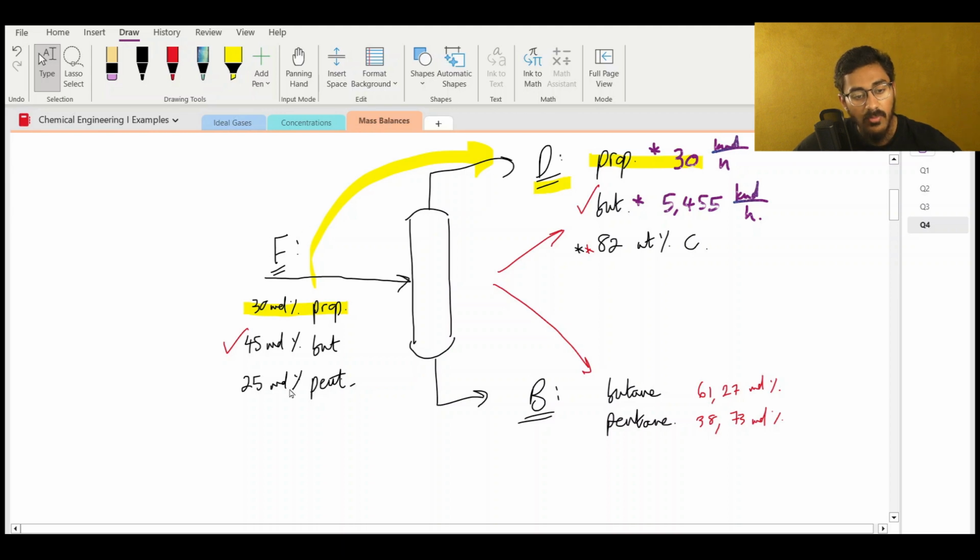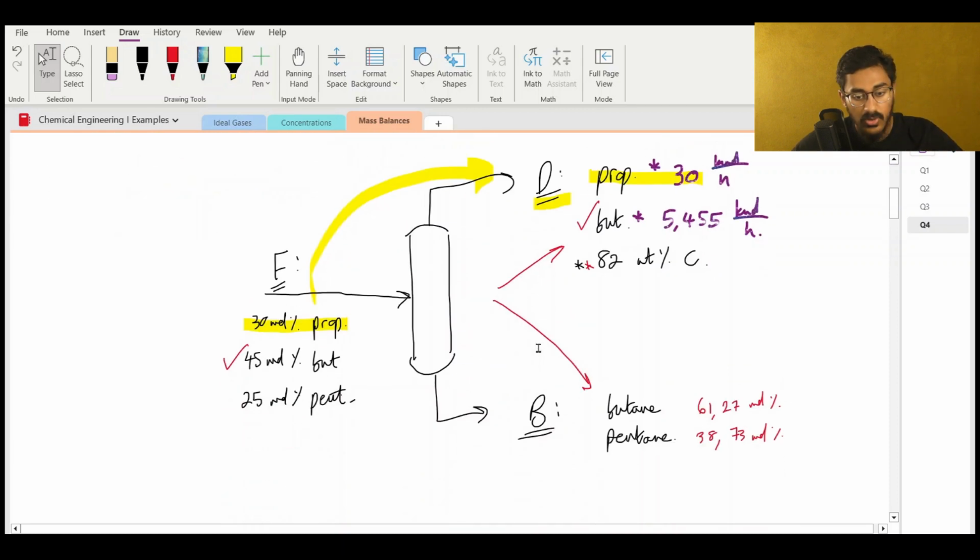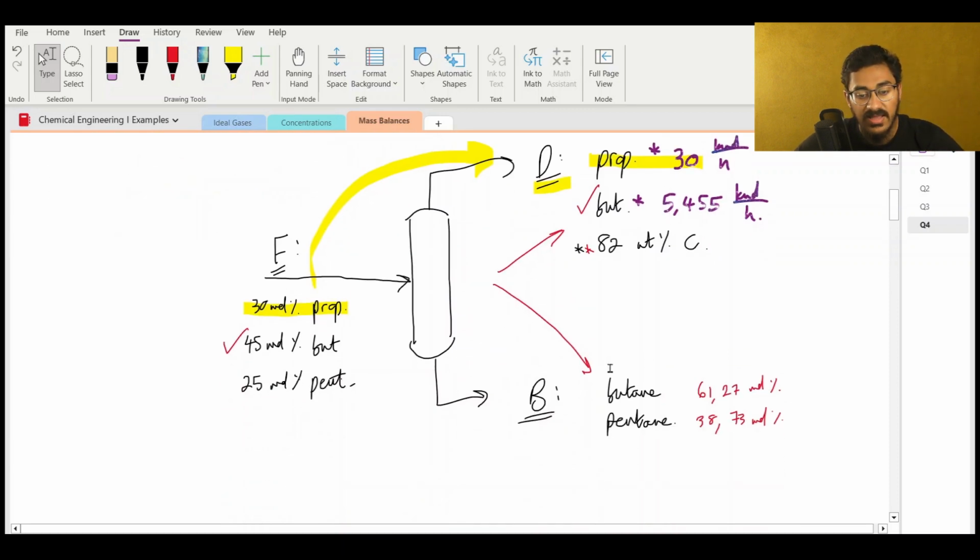And if I know how many moles of pentane I have in the feed, then I can tell you how many moles of pentane I have in the bottoms. And then, because I know that pentane makes up 38% of the moles in the bottoms, I can tell you how many moles butane makes up. And then I can quickly convert that into a mass and give you the total mass flow rate of the B stream. I hope this makes sense.